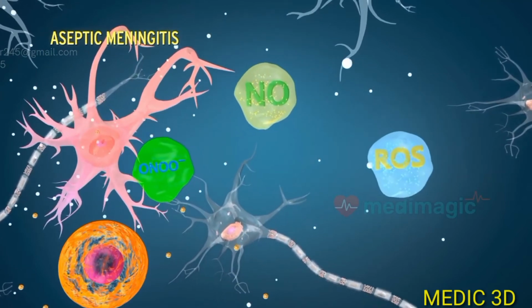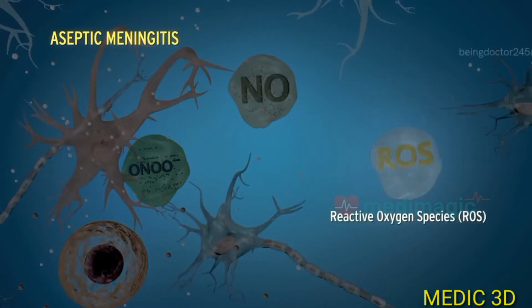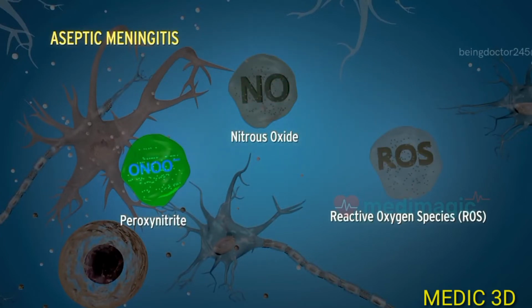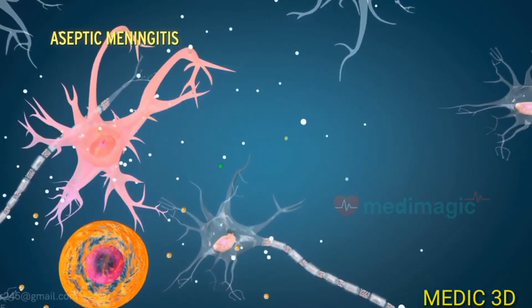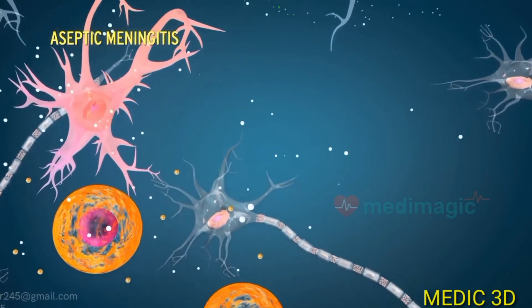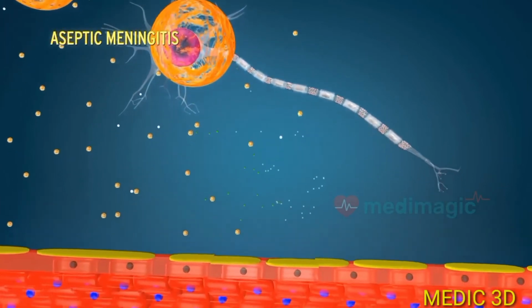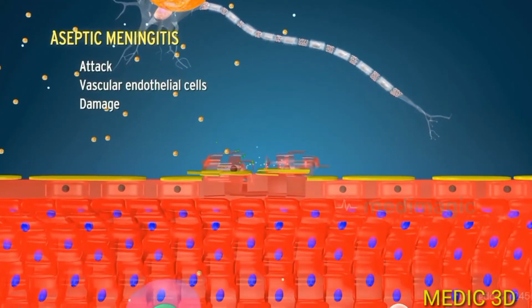In response, free radicals like reactive oxygen species, nitrous oxide, and peroxynitrite are generated. These attack the vascular endothelial cells and damage them.